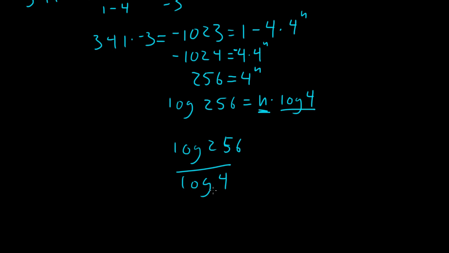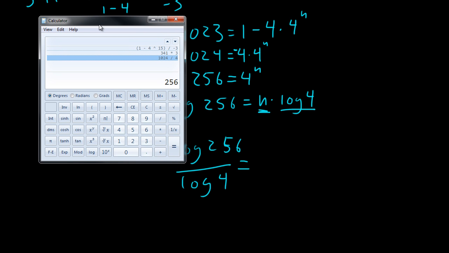Whenever you have a log over a log like this, they just combine. We've done this before. No, just kidding. They're not going to combine. This is actually a ratio. So you can go ahead and just plug this into your calculator. We don't care what the base of the log is.